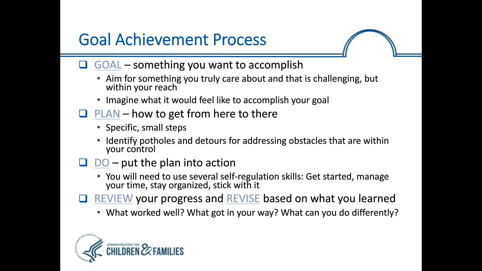We also learned that having a detailed plan for how to get from here to there was incredibly important. Mapping that out in specific small steps is critical to success. We sometimes assume that people know how to get there, and it's really breaking it down into achievable steps that matters. As part of that plan, it's also figuring out what the potholes and the detours are.